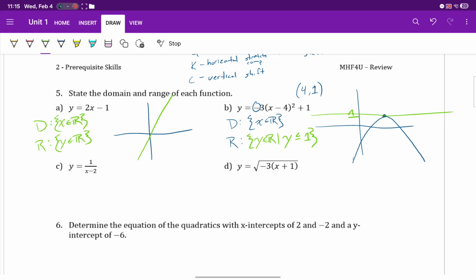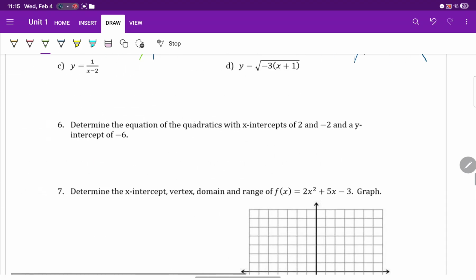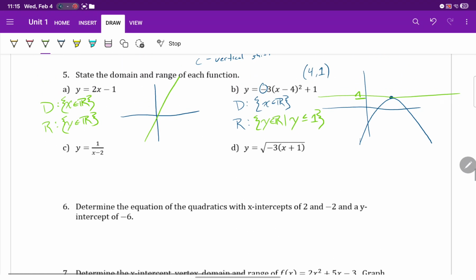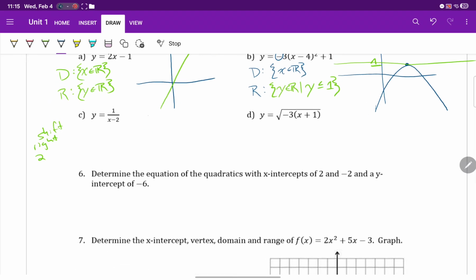Now we're going to look at our reciprocal function. This minus 2 here is a shift right by 2, okay? What does your reciprocal function look like?